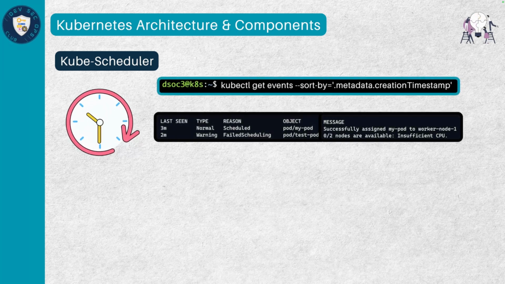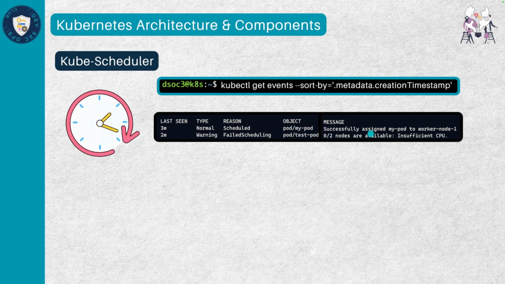If you want to see how it works, when we run the command kubectl get events, that will also give you the output. You can use additional flags with deployments, pods, services, or whatever, such as .metadata.creationTimestamp, and it gives you output like this.